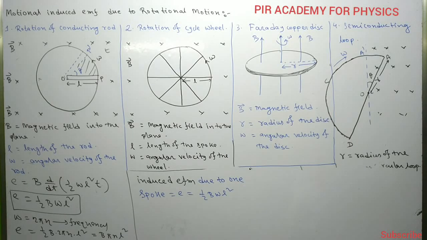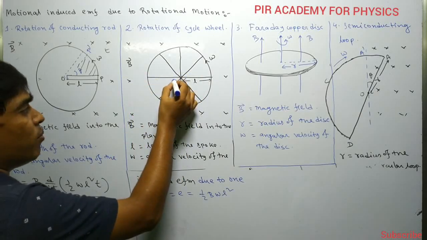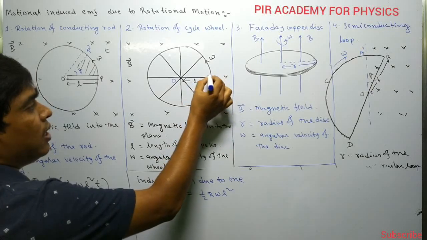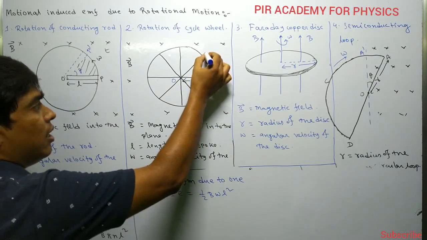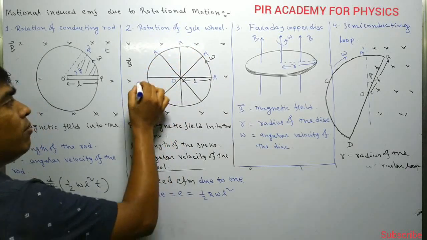Now the spokes are connected in parallel. Suppose this is point O, and this is a point.